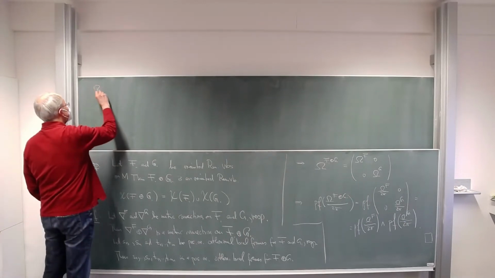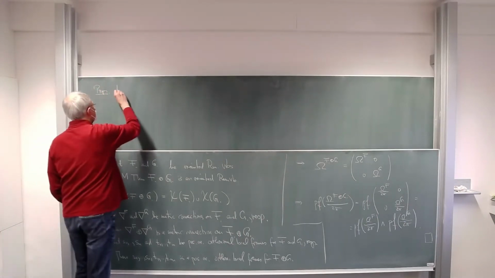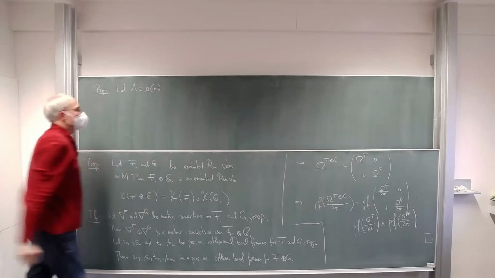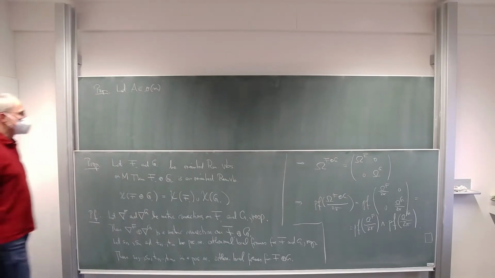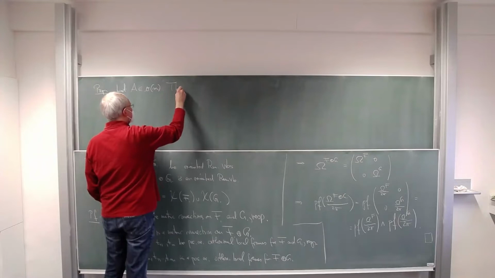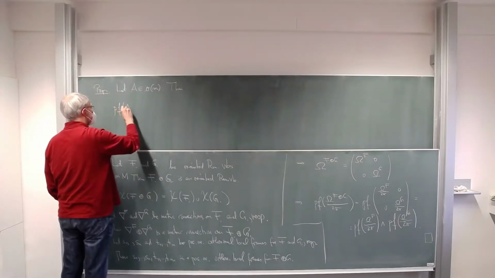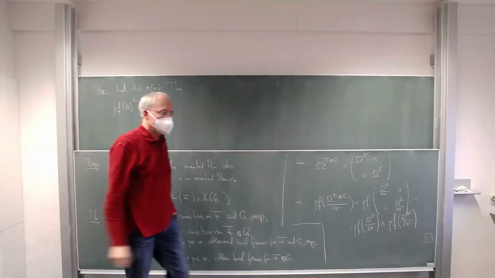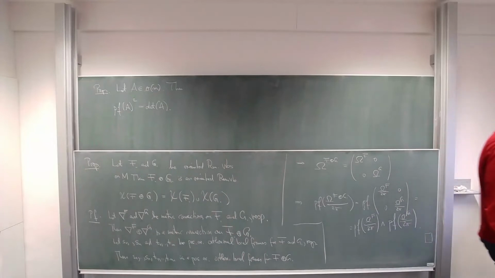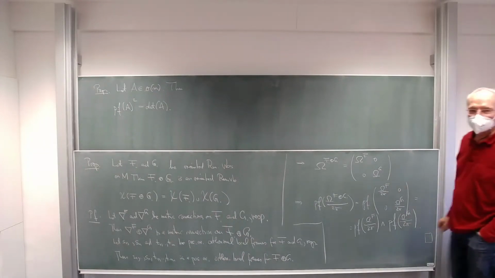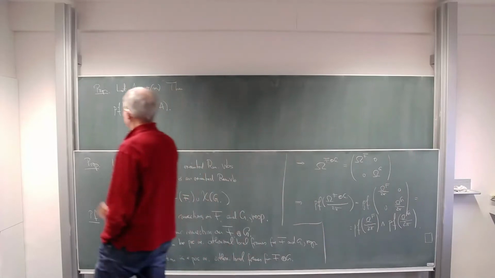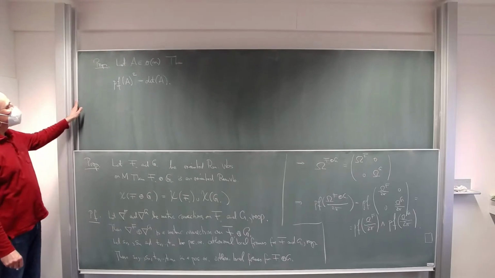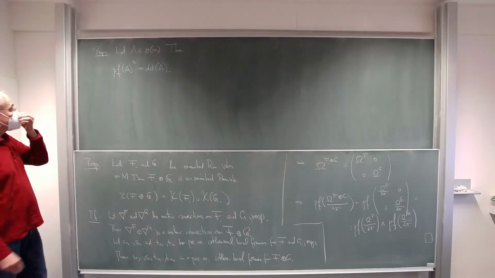It's this property: let A be a skew-symmetric M by M matrix, and then the Pfaffian of A squared is the determinant. So in this sense, the Pfaffian is a canonical square root of the determinant for skew-symmetric matrices.